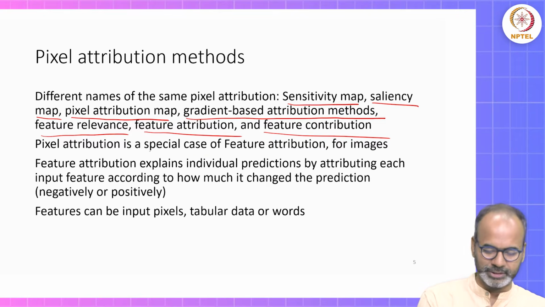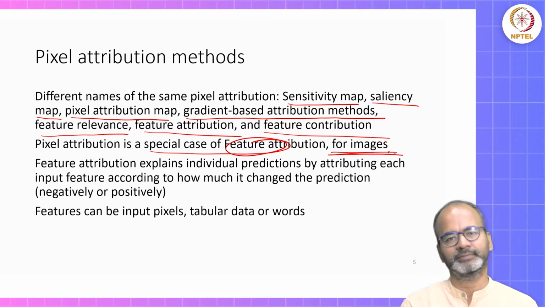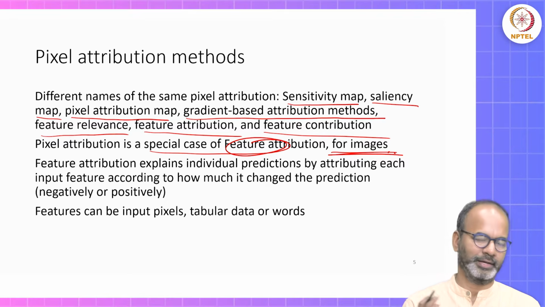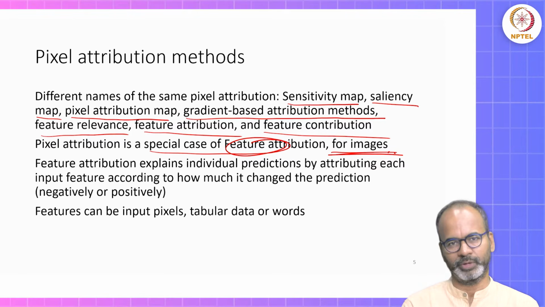So pixel attribution is a special case of feature attribution, but for images. Otherwise, if you think of text or other modes of data, then feature attribution will be the abstract definition of how you can do transparency.